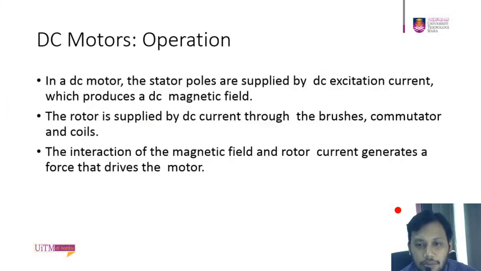So in a DC motor, the stator poles are supplied by DC excitation current, which produces a DC magnetic field, and the rotor is supplied by DC current through the brushes, commutator and coils. The interaction of the magnetic field and rotor current generates a force that drives the motor.